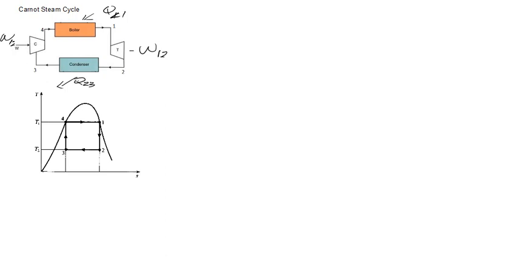In order to solve all these Q and W's, we are going to look at the steady flow energy equation. And the first one is to look on the first process, which is the W12. For W12, we could have the formula of H1 minus H2.